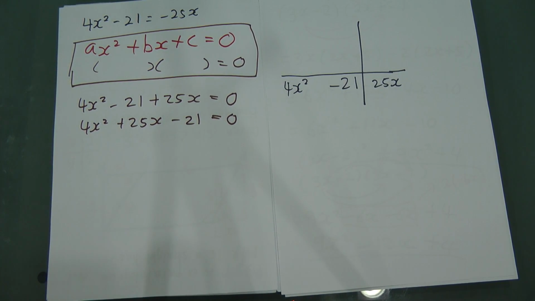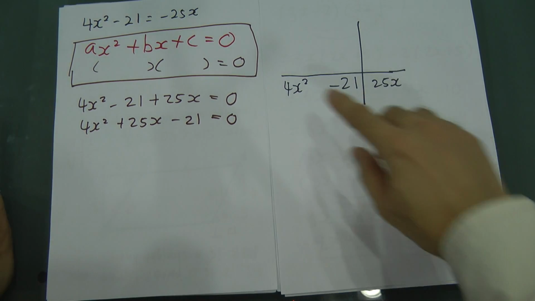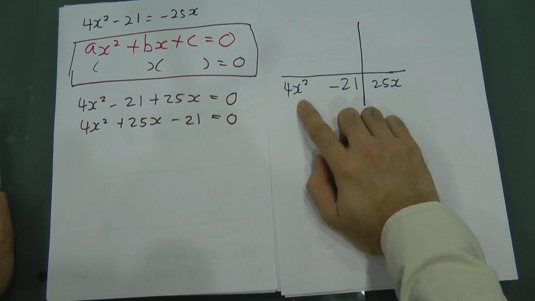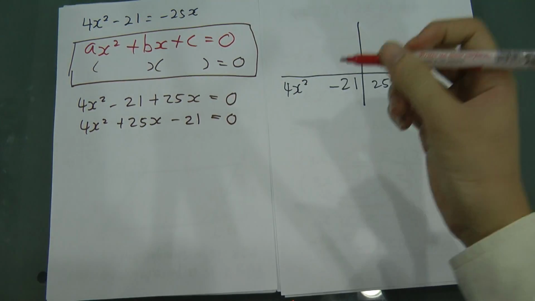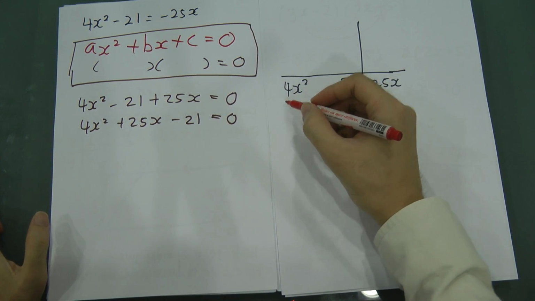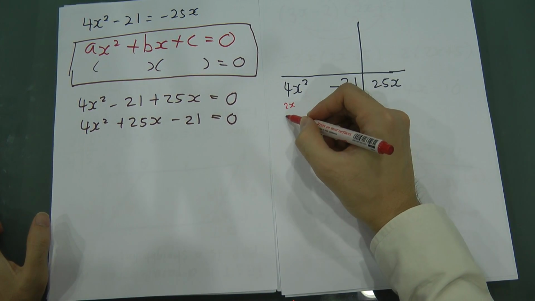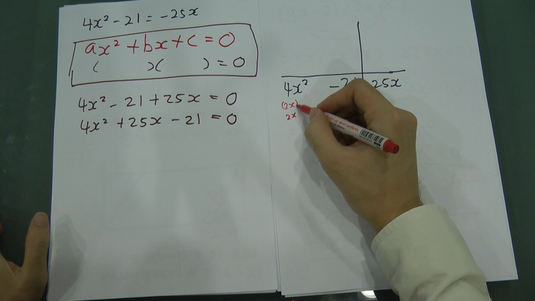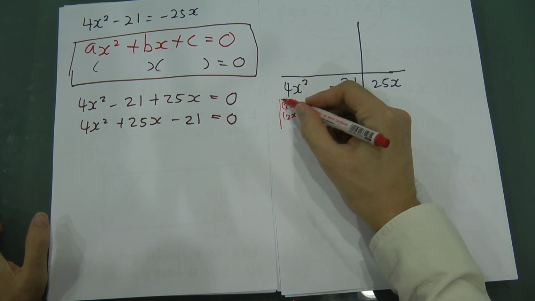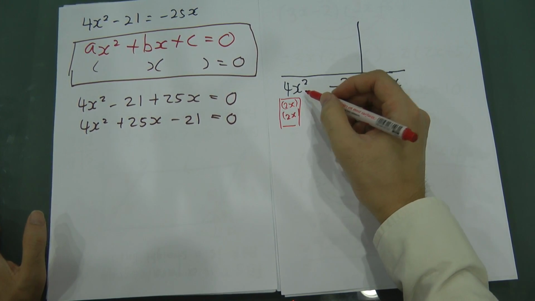This one needs some experience. First let's have a look: what multiplied by what can we get 4x squared? For 4x squared we have two possibilities. The first possibility is 2x multiplied by 2x. With this combination, we can get 4x squared.